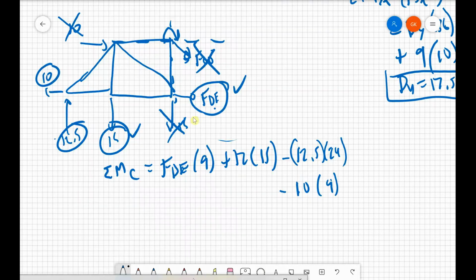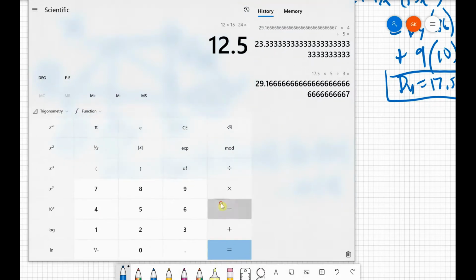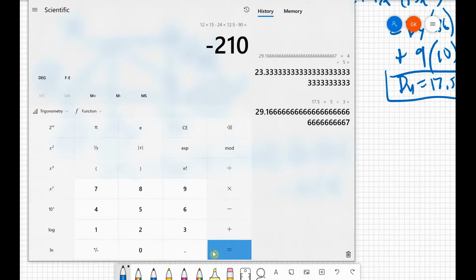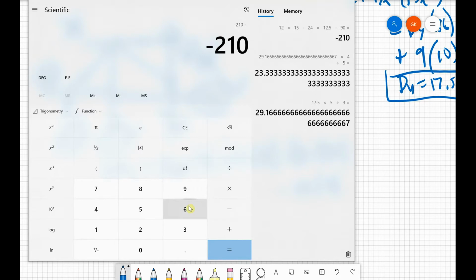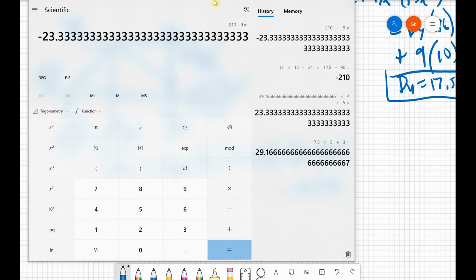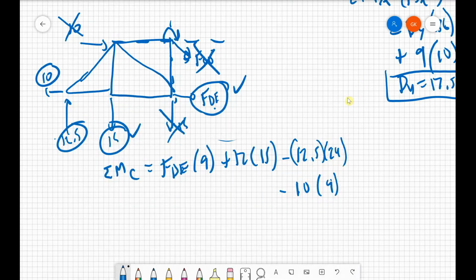Plug it in now. And I get 23.33. So, it's nice when math works.